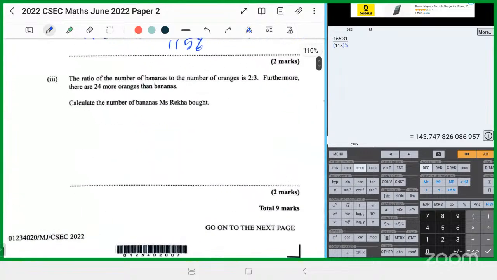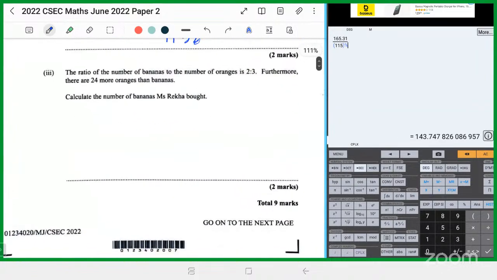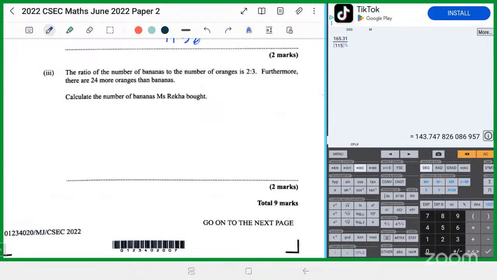This one says, the ratio of the number of bananas to the number of oranges is 2 to 3. Furthermore, there are 24 more oranges than bananas. Calculate the number of bananas bought. Right? So this question gives us the ratio 2 to 3. It also gives us an indication of the difference, 24, in actual terms.